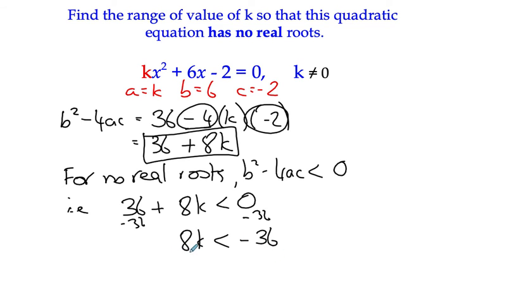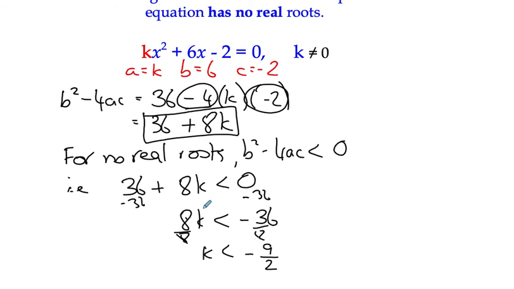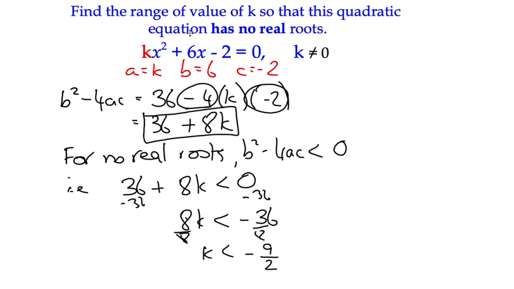We can divide both sides by 8, and we end up with k is less than negative 36 divided by 8, which doesn't work as a whole number, so if we simplify, dividing through by 4, we get negative 9 over 2. Okay? So what we've done is we've solved this problem that says find the range of values of k so that this quadratic equation has no real roots.